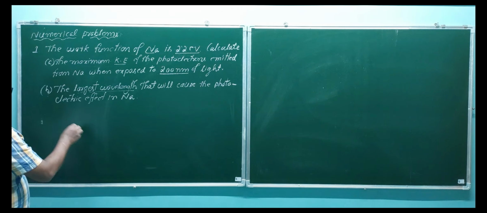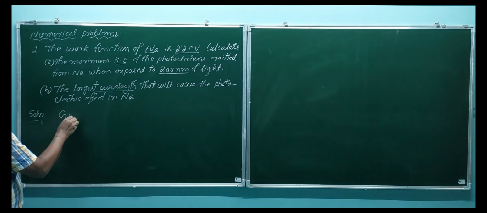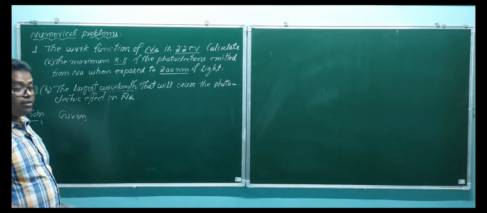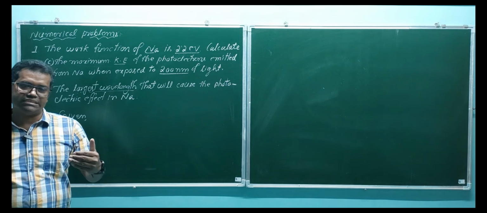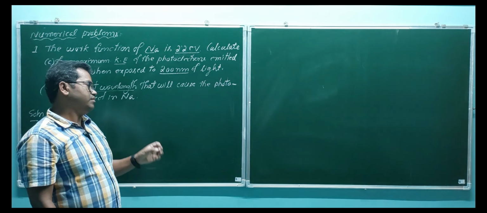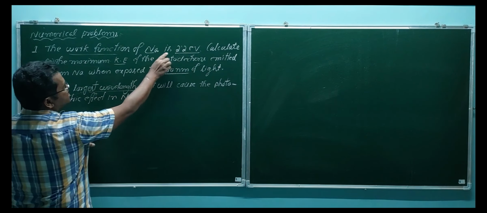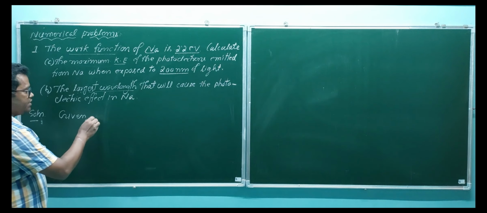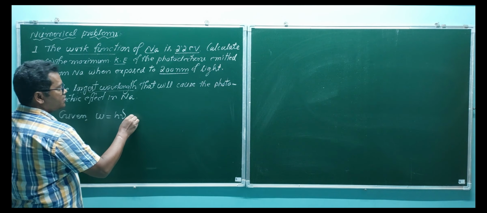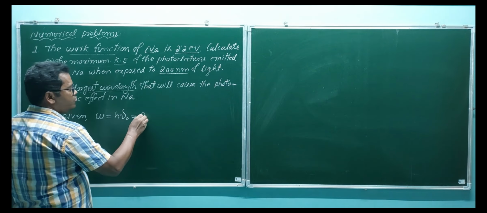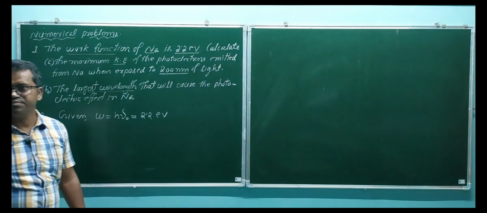So here, solution. Given: remember, when you solve this type of problem, always try to solve in SI units. Here the work function is given, that is W equals h nu naught equals 2.2 electron volt.